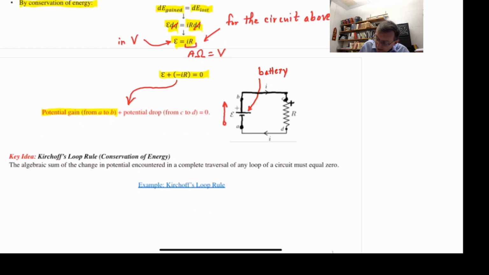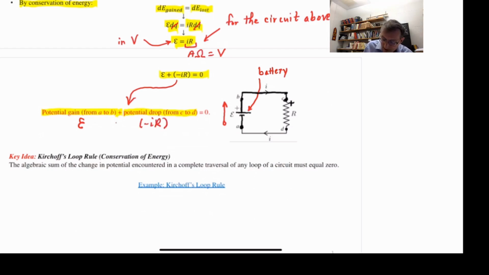Then we go from point C to point D through the resistor. So then what I have is a potential drop from C to D. So the gain is the curly E, the EMF, and the drop is negative IR.